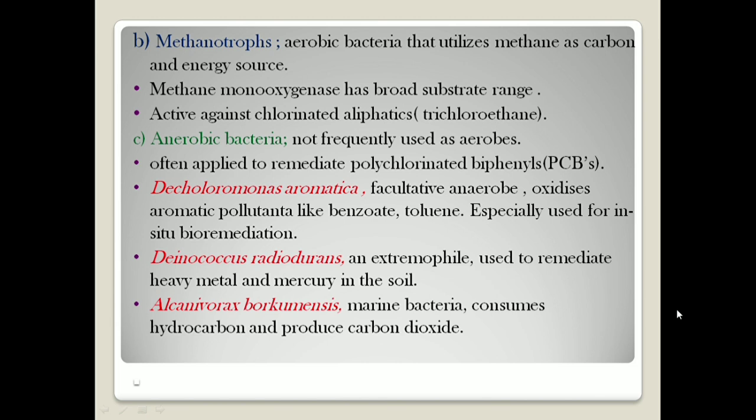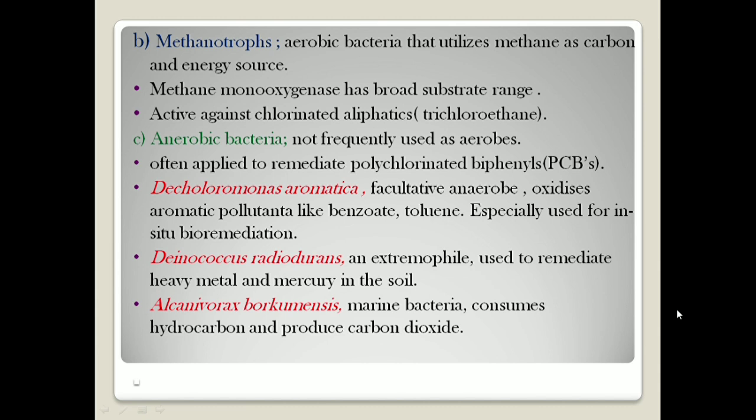Anaerobic bacteria. These are not as frequently used as aerobes but are often applied to bioremediate polychlorinated biphenyls, simply called PCBs, in river sediments. A facultative anaerobic bacterium, Dechloromonas aromatica, is able to oxidize aromatic pollutants like benzoate and toluene, and this species is especially used for in situ bioremediation.